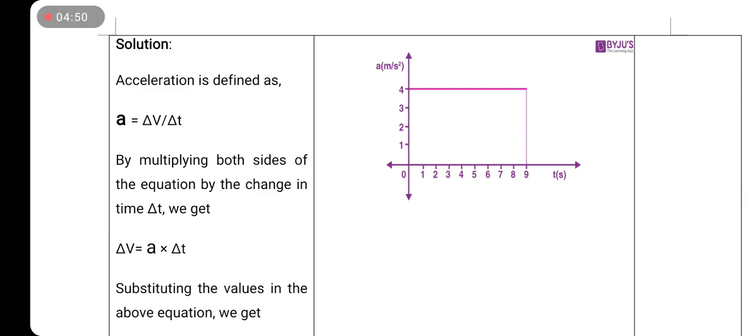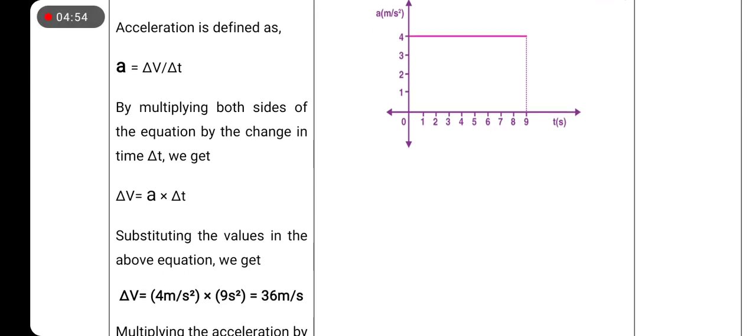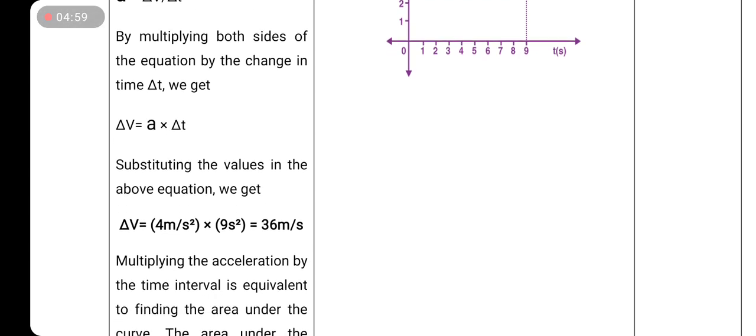Acceleration is defined as a is equal to delta V all over delta T. By multiplying both sides of the equation by the change in time delta T, we get delta V is equal to a times delta T. Substituting the values in the equation above, we get delta V is equal to (4 meters per second squared) times (9 seconds), which is equal to 36 meters per second.